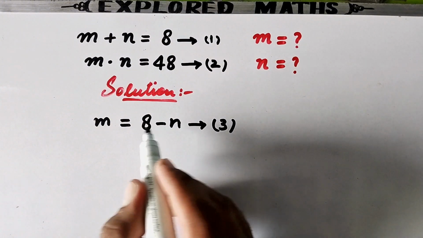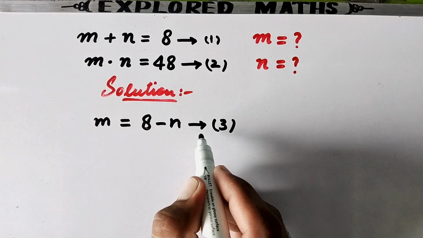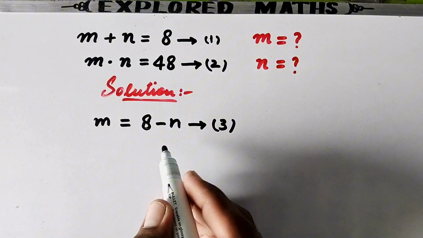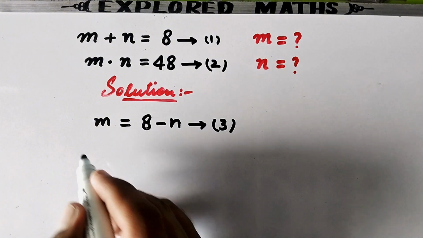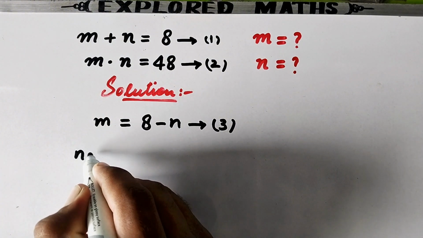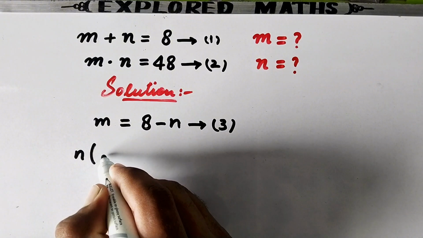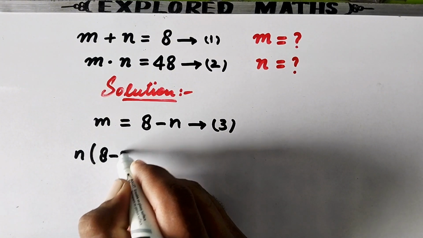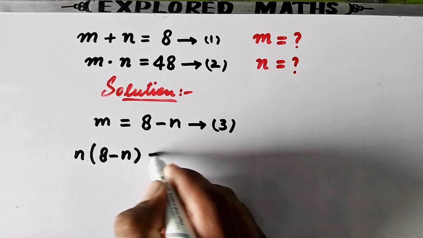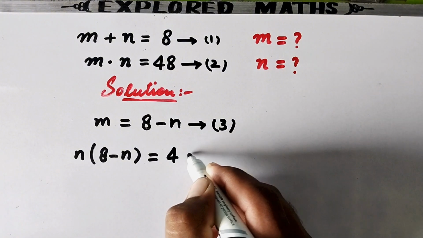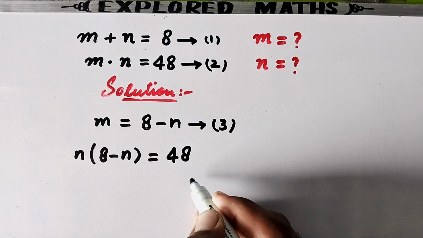And now we will put the value of m from equation number 3 in equation number 2, so that here will be n into 8 minus n equal to 48.